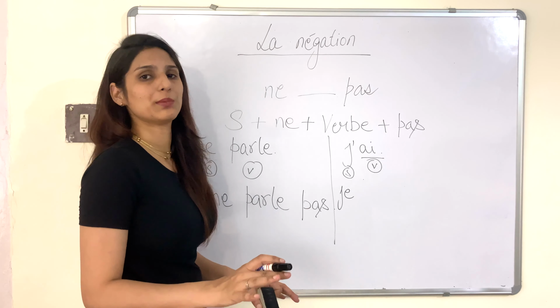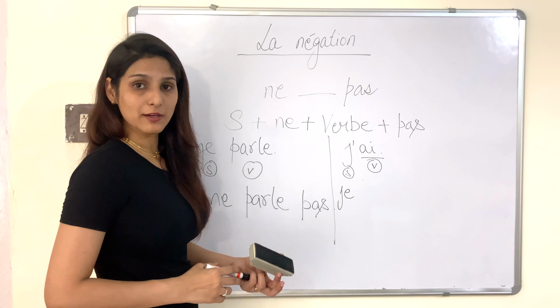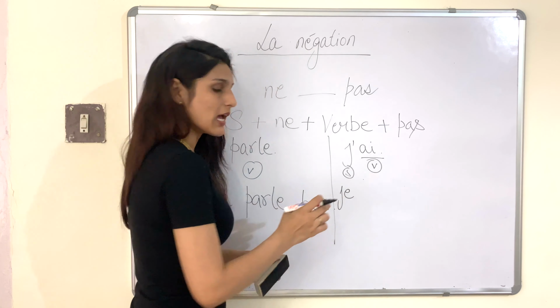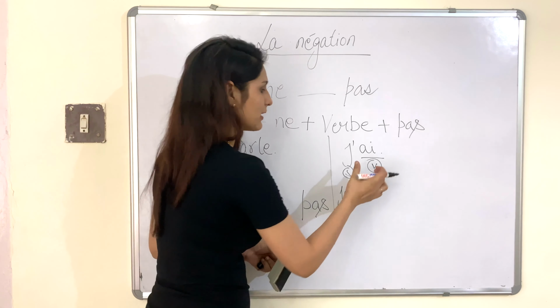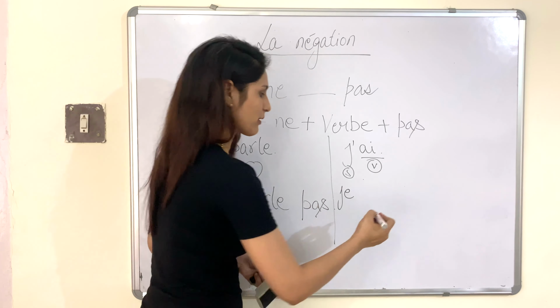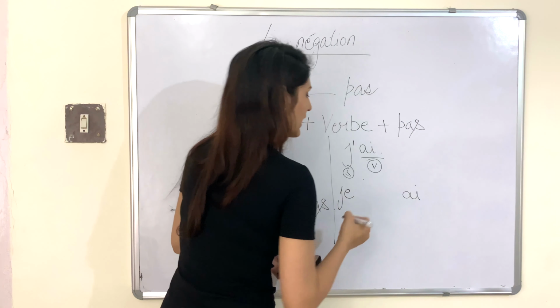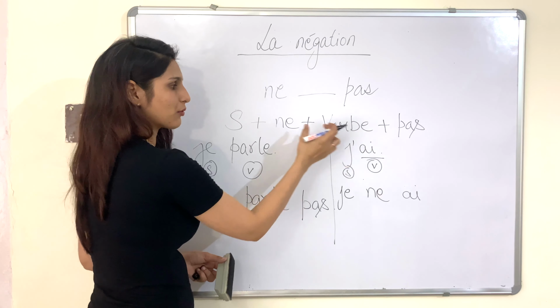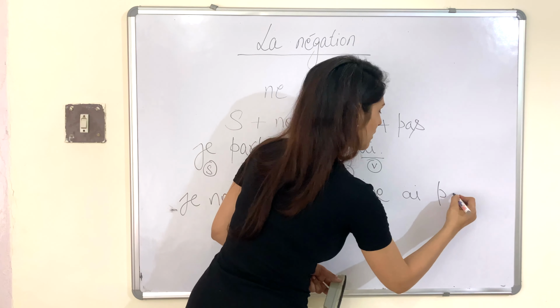No matter which verb it is, you have to join it right after the conjugation is done. Now je comes as it is, and then a is your verb, and then ne right before your verb, and then pas.